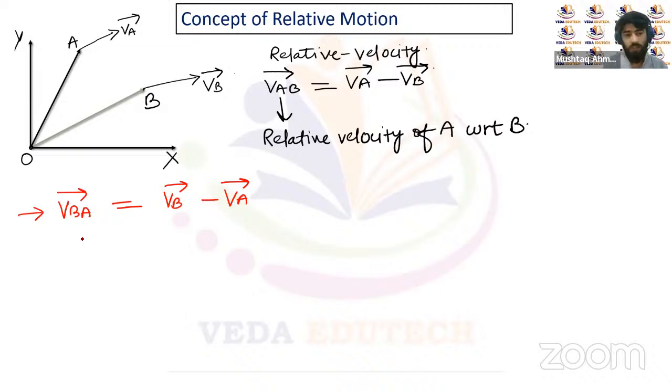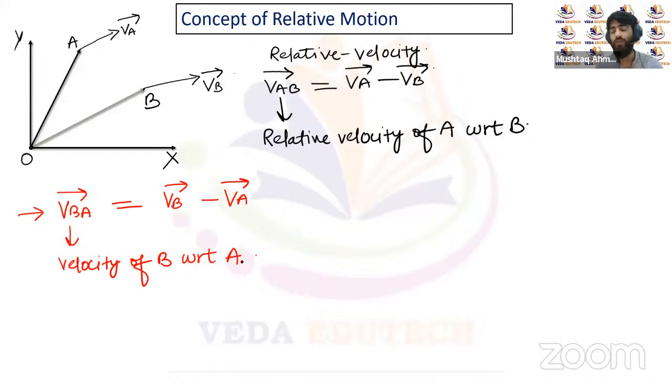This is the velocity of B as observed from A, right? So we can say that relative velocity, the relative motion, is the vector subtraction of the two velocities.